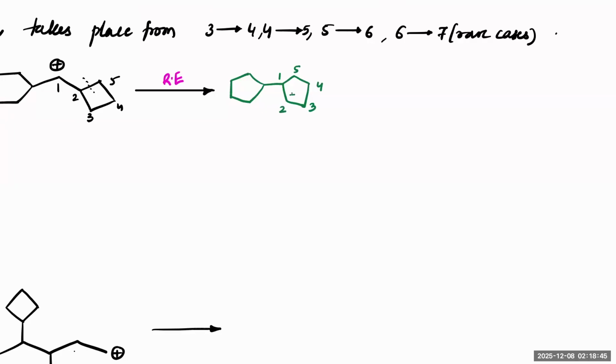On the second position, we have a positive charge here, right? This is the positive charge which you will get. And that positive charge can be rearranged again onto the top carbon here like this. So this is done via a 1,2 hydride shift.